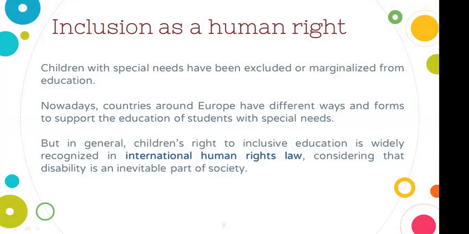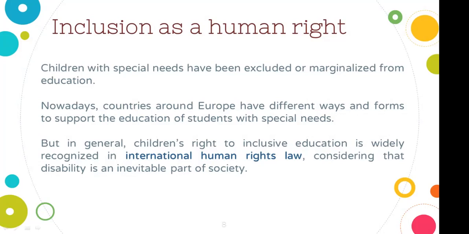Inclusion as a human right. Children with special needs have been excluded or marginalized from education for many years or centuries. Nowadays, countries around Europe have different ways and forms to support the education of students with special needs.